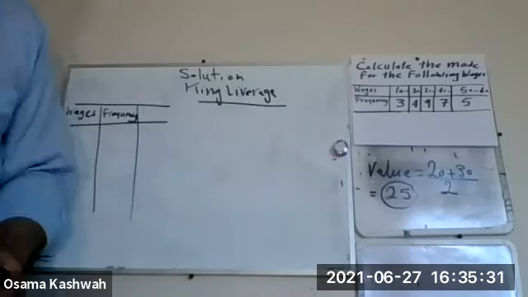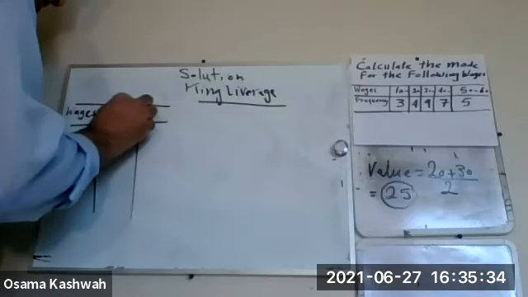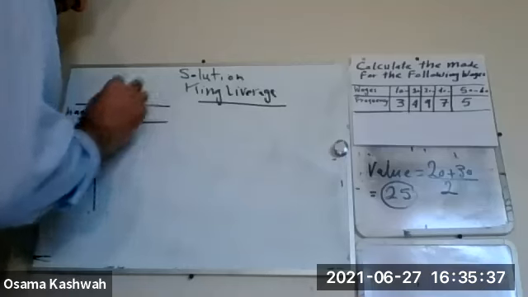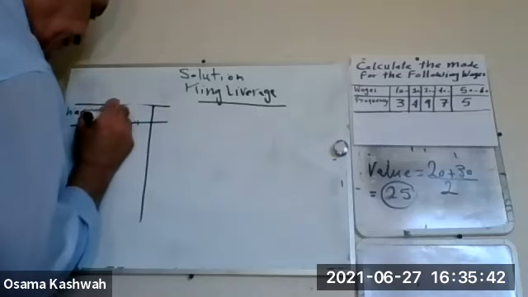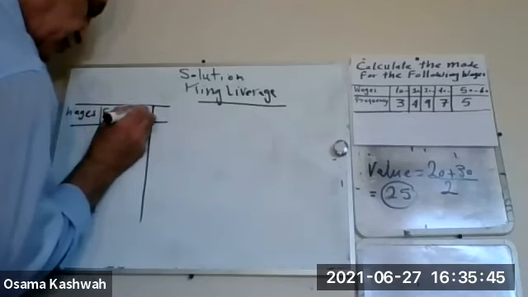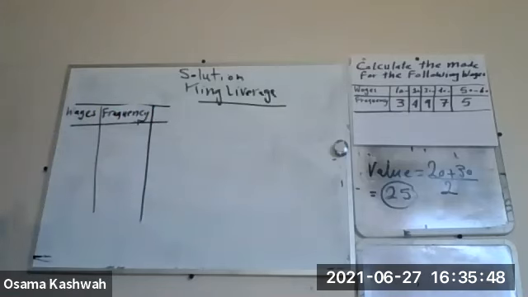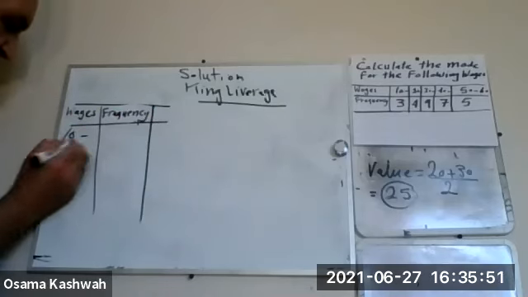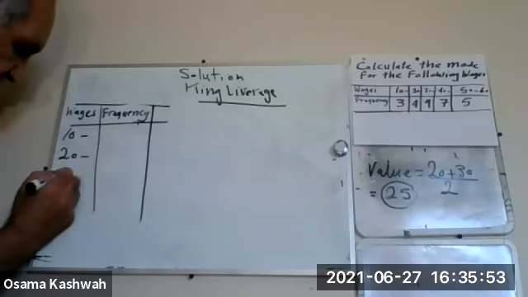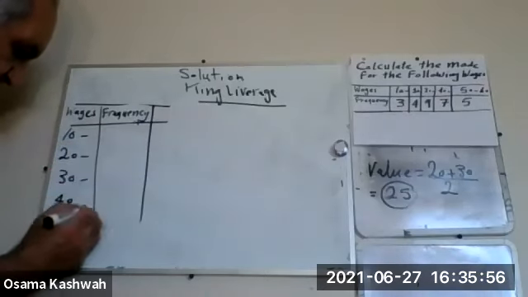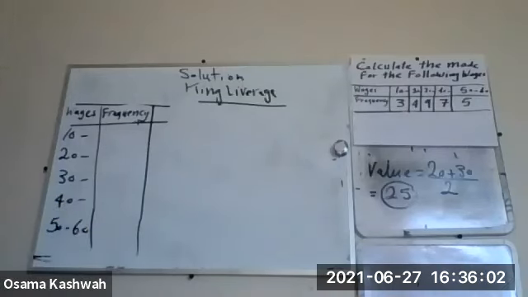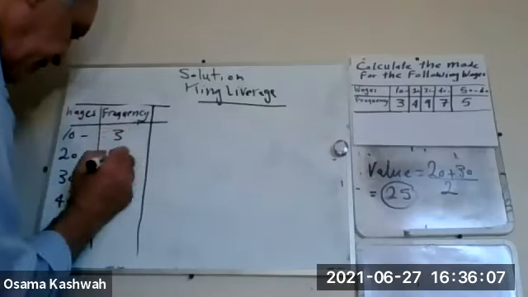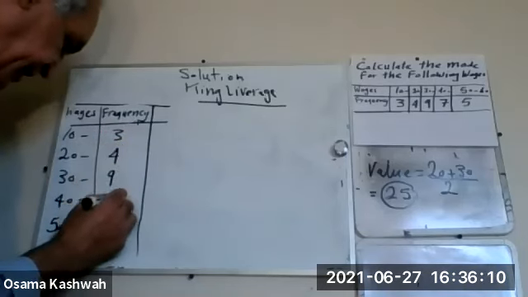Let me make it larger so it appears for everyone. The wages are 10, 20, 30, 40, 50 to 60, and the frequencies are 3, 4, 7, 5.